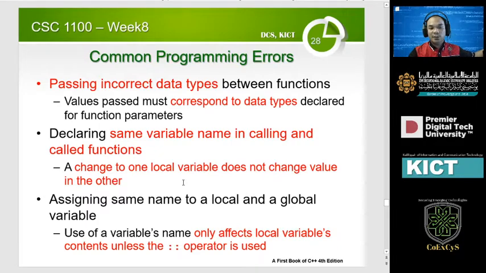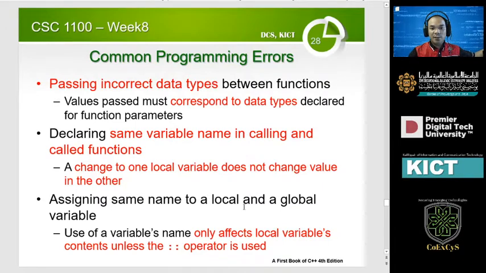So you have to be careful if they have the same name. What do you actually intend to do, and which variable do you want to change? Because if you're changing the local variable just because they have the same name, it doesn't mean the calling function in the main function would change value as well, because they sit in different scopes.